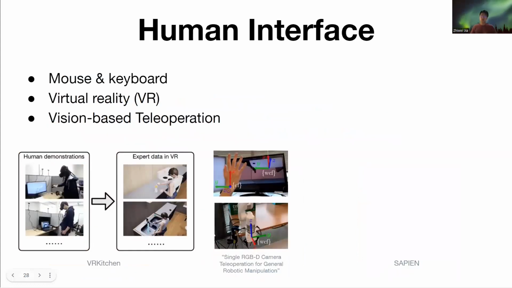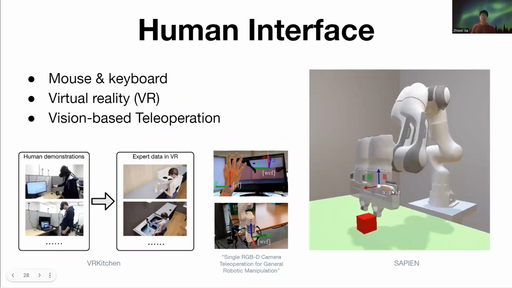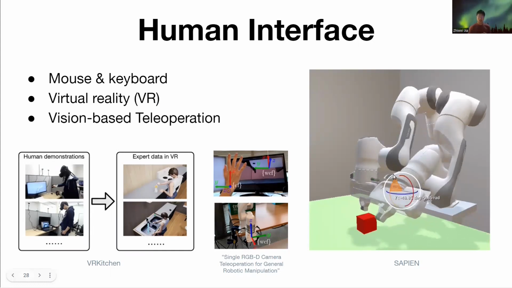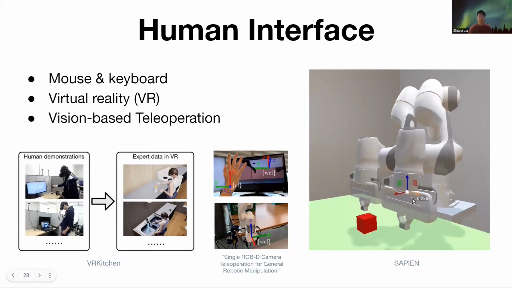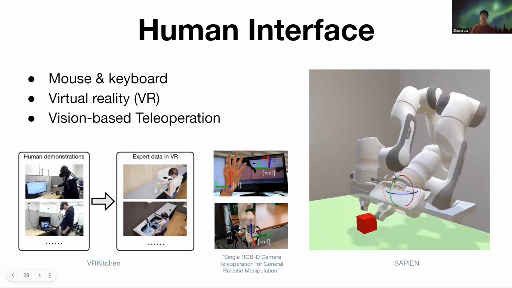The last important factor to consider for choosing a simulator is what types of human interfaces they can support. For example, SAPIEN, shown on the right side of this slide, has a nice human interface that people can use for debugging or generating human demonstrations by using mouse and keyboard.